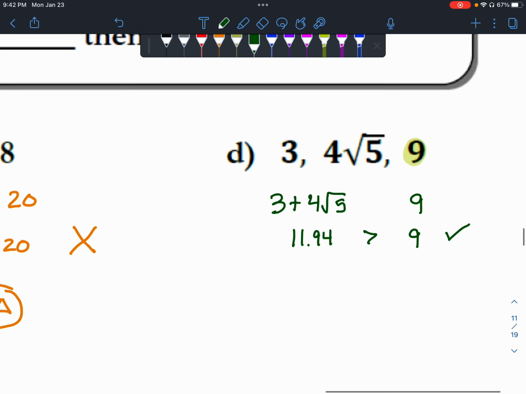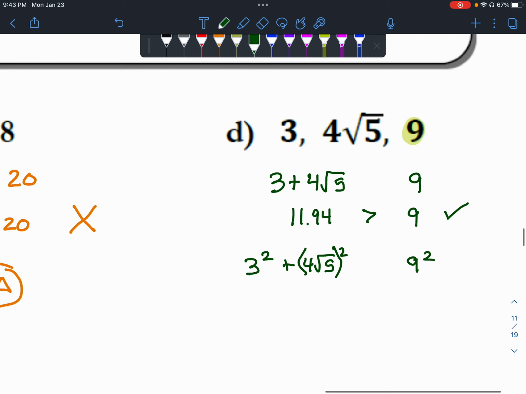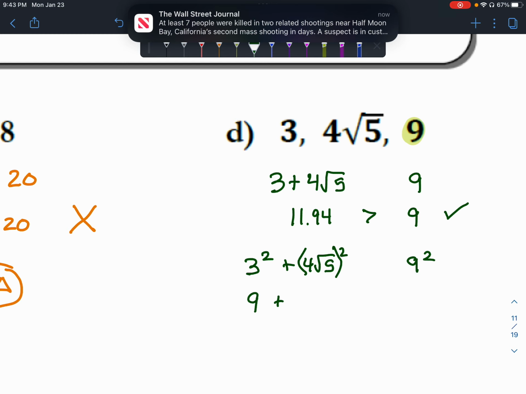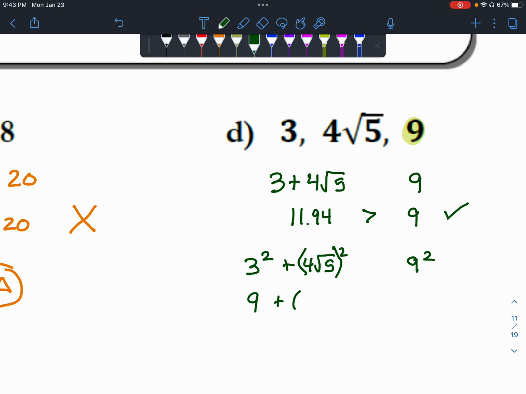Now, what kind of triangle is it? Let's calculate the a squared plus the b squared on its own. Let's compare that to the c squared value. Three squared should just give me 9. Remember this, if I was going to rewrite this, this is technically the value of 4 root 5 times 4 root 5.